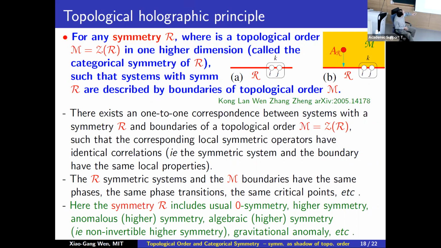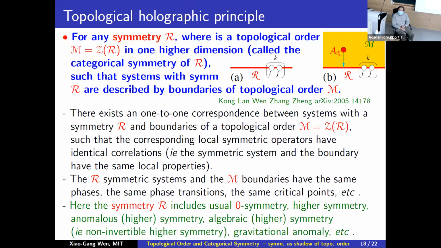So that is the more precise way to state this topological holographic principle. Actually, it's very important. Later calculations all use this. Certainly the symmetry here can be an ordinary symmetry, higher symmetry, anomalous higher symmetry, algebraic higher symmetry, and so on.